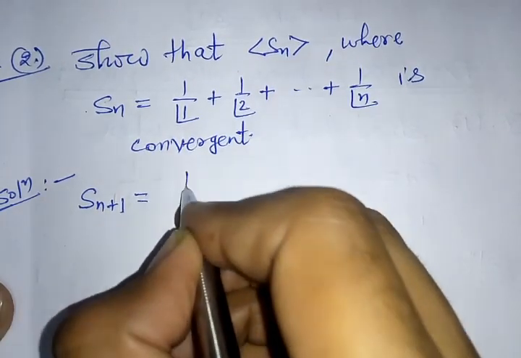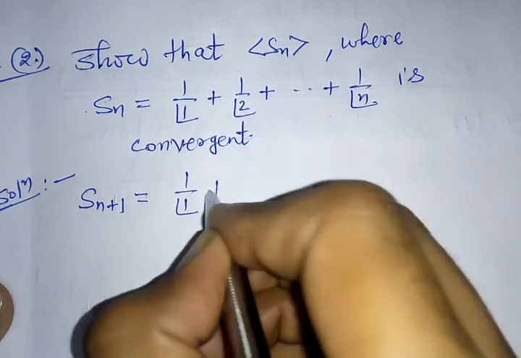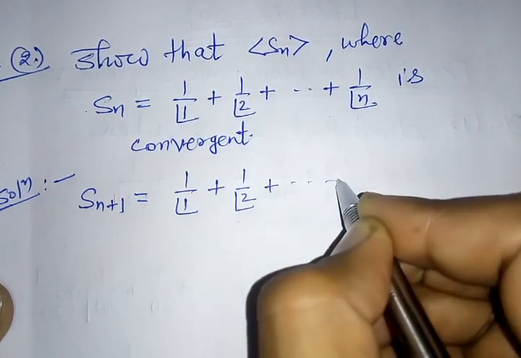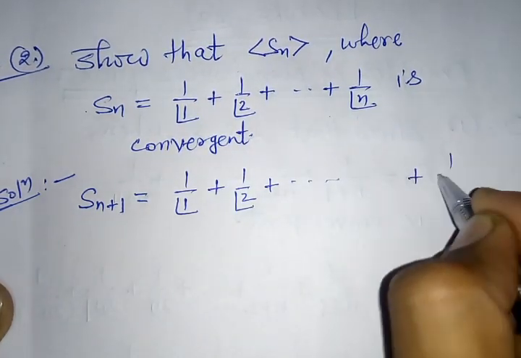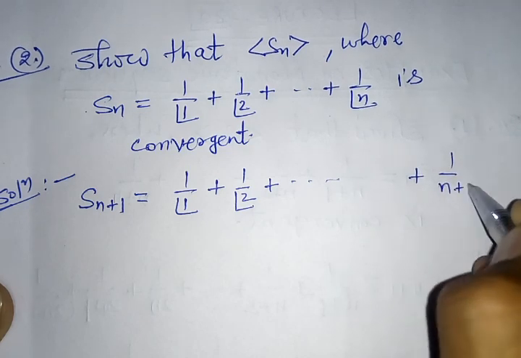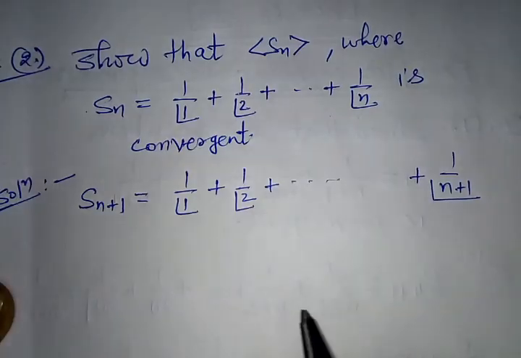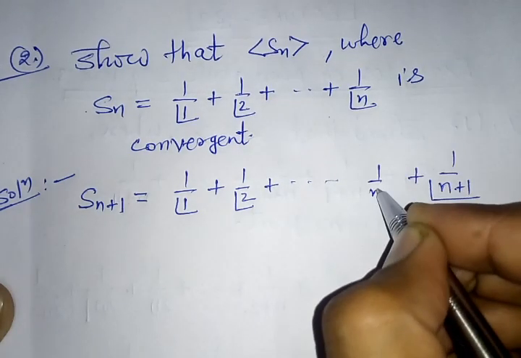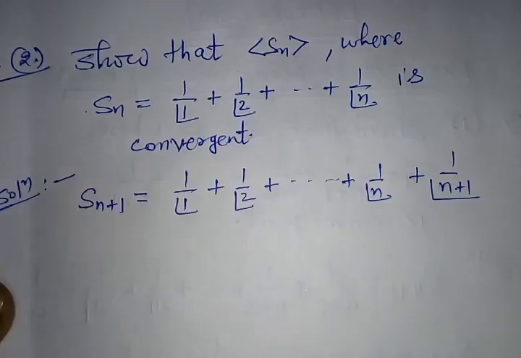Here n is replaced by n plus 1, and this term will be 1 upon n factorial.